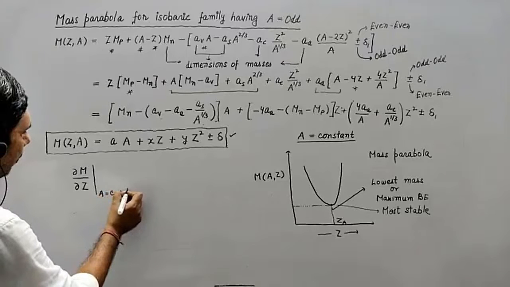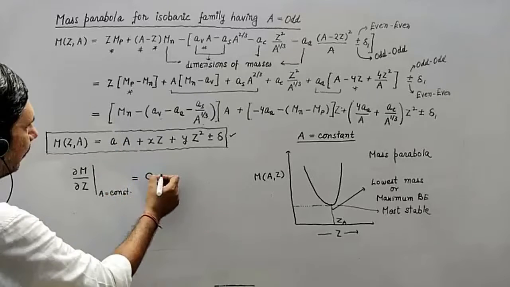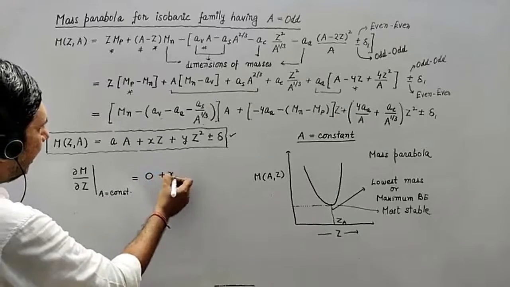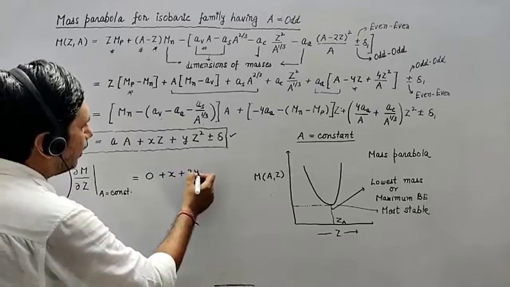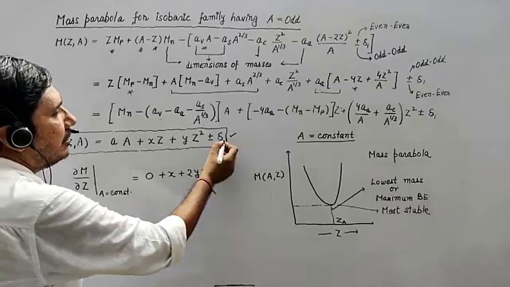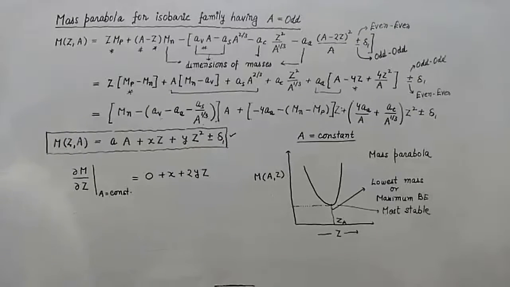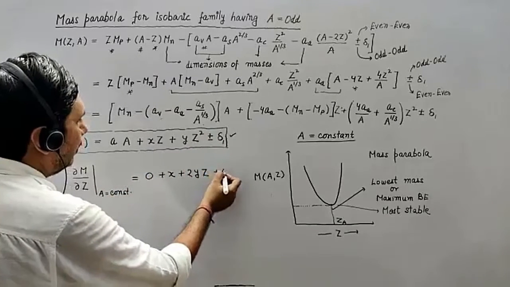The first term will be 0, plus the next term will be 2yZ, plus this term is dependent only on A: delta 1 is equal to delta upon A to the power 3 by 4. So this will also provide us 0.